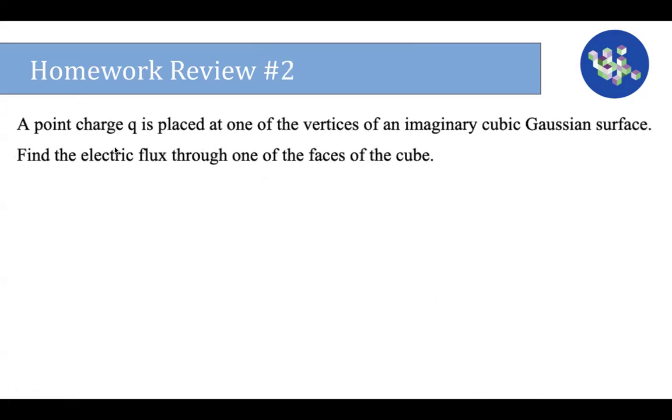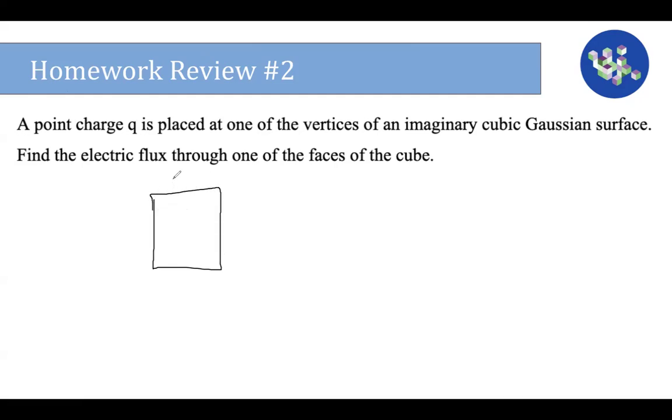A point charge Q is placed at one of the vertices of an imaginary Gaussian surface. Find the electric flux through one of the faces of the cube. So, this is very similar to the first problem.